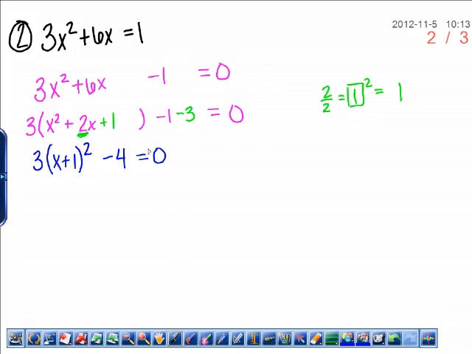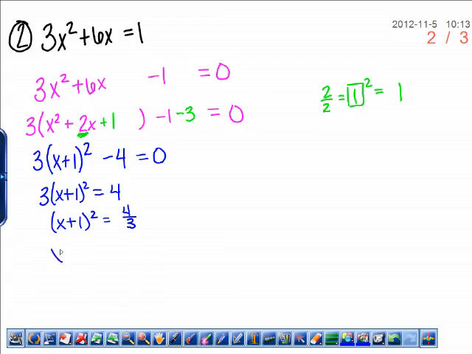So what would I do first? Add 4. So I'm going to get 3 times x plus 1 squared equals 4. Then what? Good. So x plus 1 squared equals 4/3. Then what?